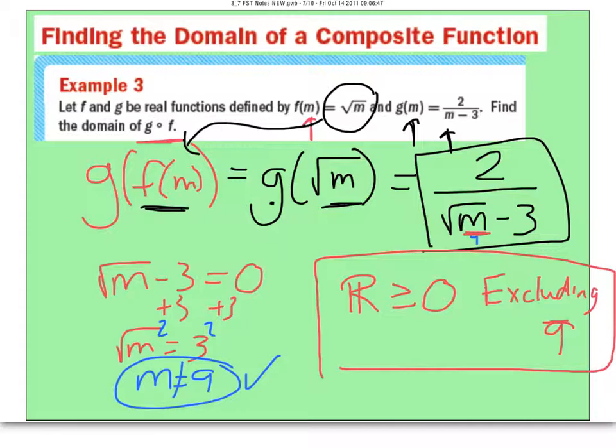You also, if you wanted to write this part here, instead of that, you could say x is greater than or equal to 0 and say excluding the number 9. This is actually a pretty complex domain problem. It's great because it covers both that you can't have a negative in the square root, and it covers that we cannot have the number 0 in the bottom of the fraction.